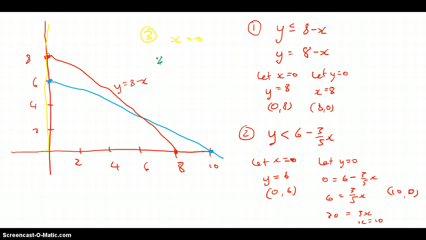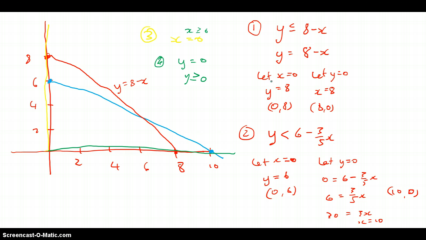My fourth line will be y is equal to 0. In this case, it'll be a horizontal line along the x-axis. Now let's look at all the conditions once again. So this original line was actually y is greater than or equal to 0, and this line was actually x is greater than or equal to 0.